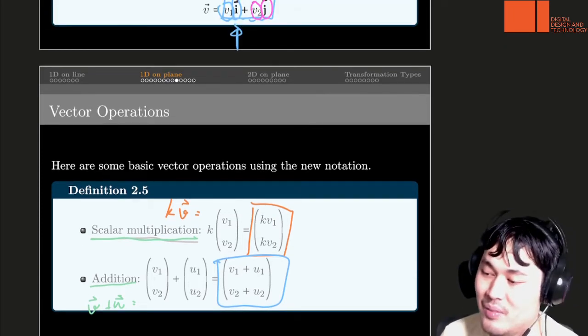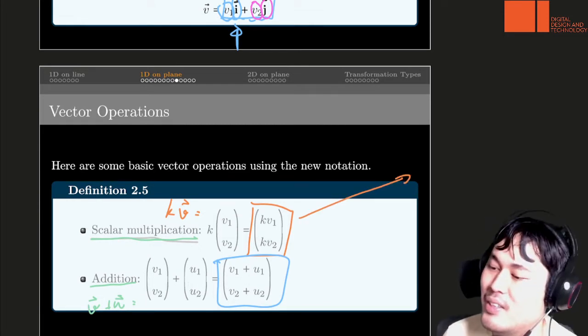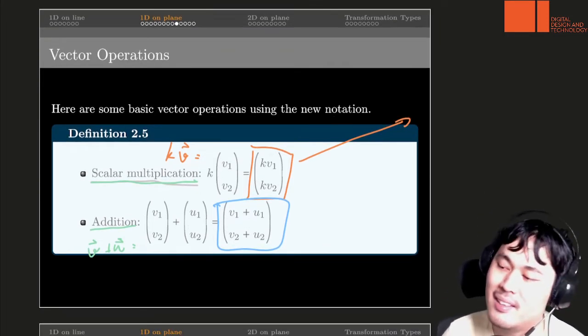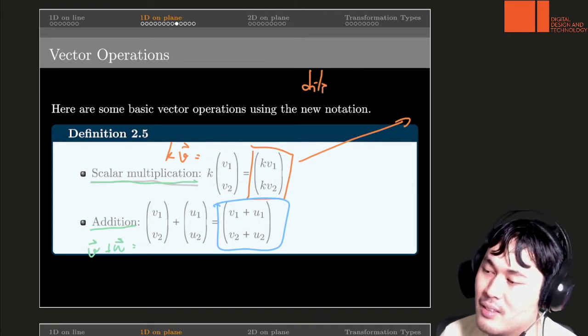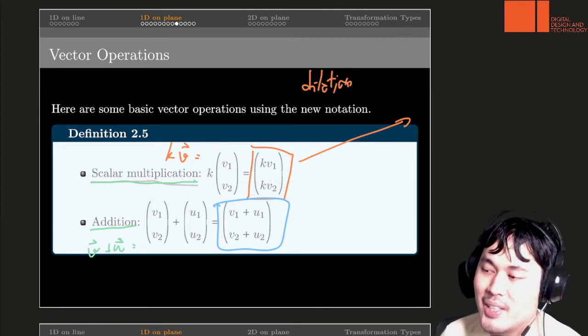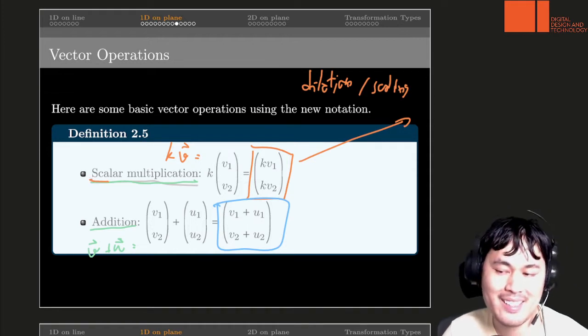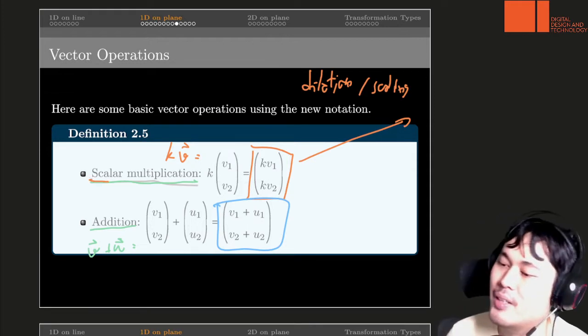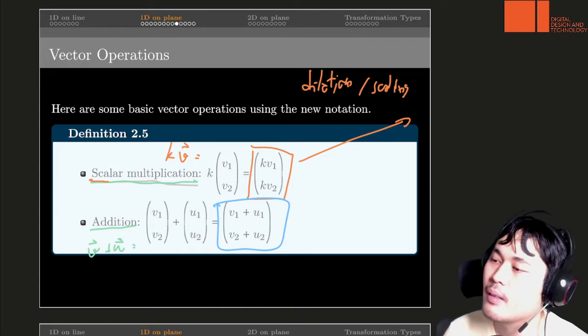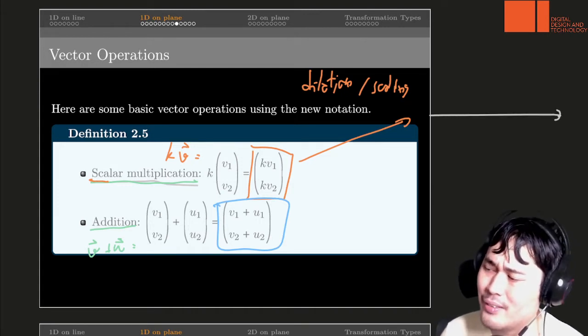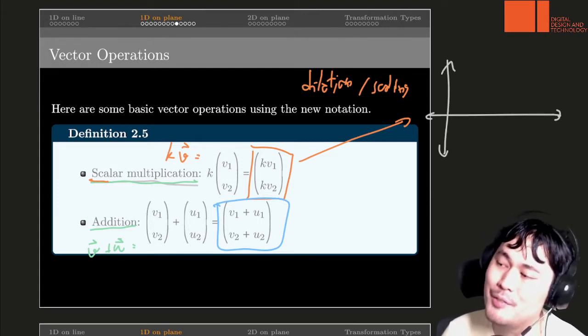Because this is actually what we just did in section 1. Right? Multiplying is actually the dilation, if you can recall that word, or scaling. You scale a vector by a number, and this operation is kind of intuitive.